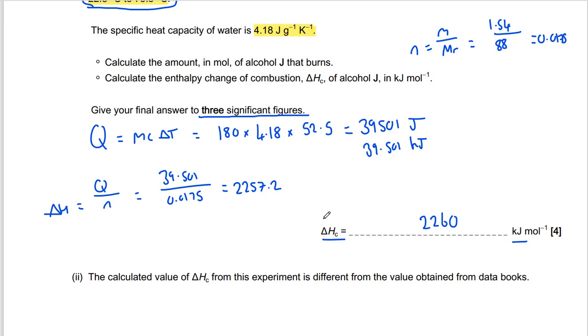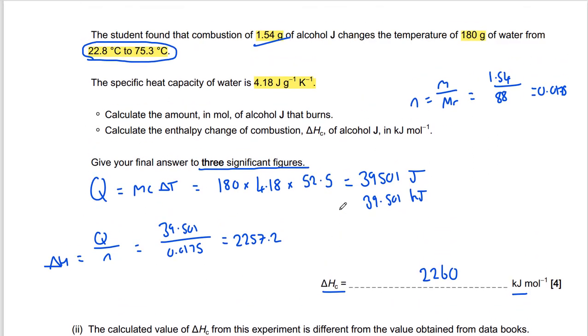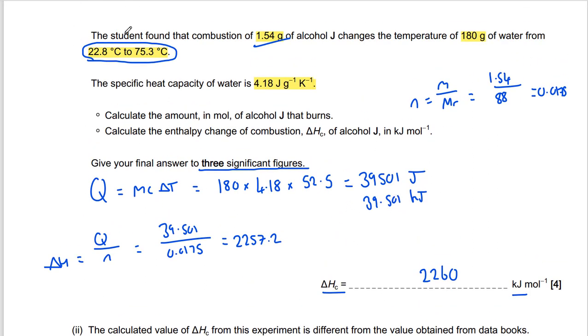Okay, you're working out a delta H. And the delta H is the enthalpy change of reaction. And we know the temperature is going up. Now, if the temperature goes up, it means it has an exothermic reaction. I'm going to underline that a million times. It's exothermic. If it's exothermic, delta H is negative.